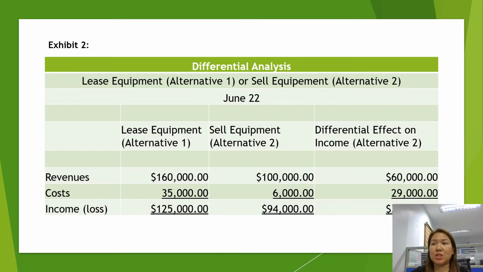Thus, the decision should be to lease the equipment. This exhibit includes only the differential revenues and differential costs associated with the lease or sell decision. The $80,000 book value of the equipment is a sunk cost and is not considered in the differential analysis.